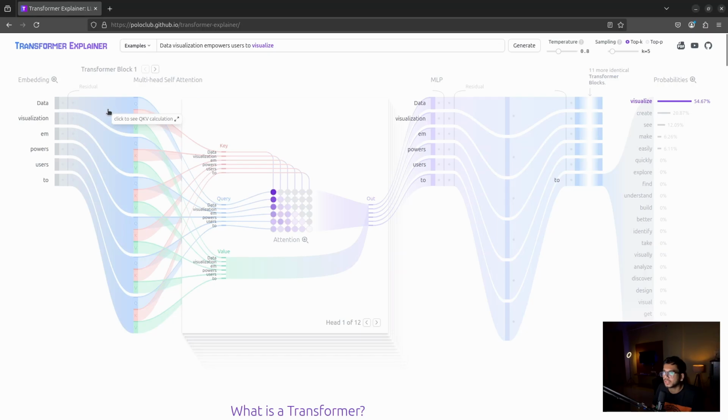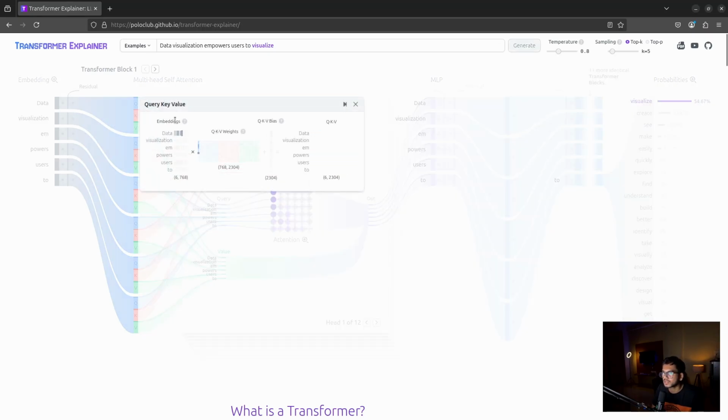If you click here, these are all the words' embeddings, that is 6 by 768, meaning 6 tokens are there, and 768 is the embedding dimension for each token.